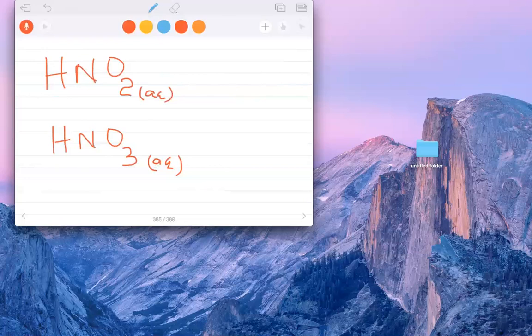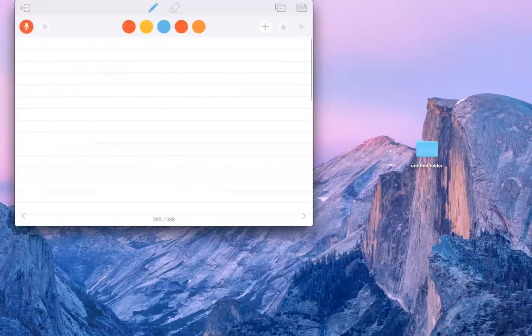But how do we name them? You have to go back to polyatomic ions. Pay attention to polyatomic ions. I expect you to have learned the names of polyatomic ions.